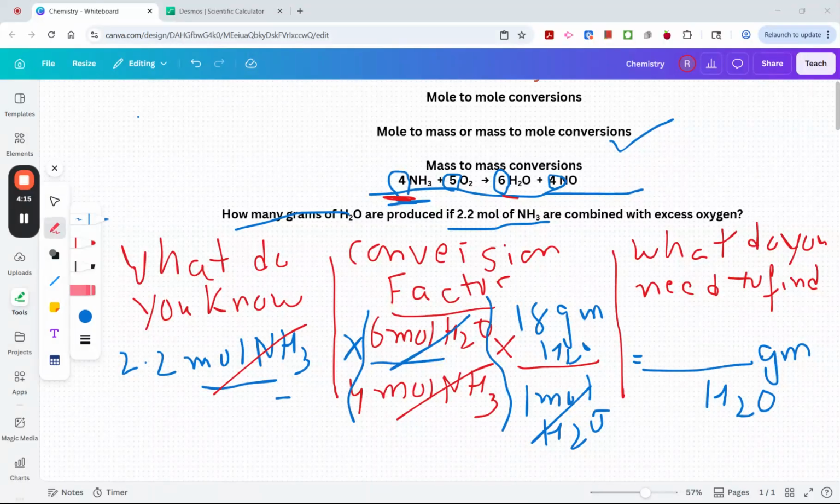But I will say, encourage your kids to use the Desmos because you have to use some mole concept, so we have our exponential term. Some kids get confused using the normal calculator. So our answer is 59.4. Here we go. So this is our first question. 2.2 moles of ammonia, and we have 59.4 grams of water produced. This is our first one.